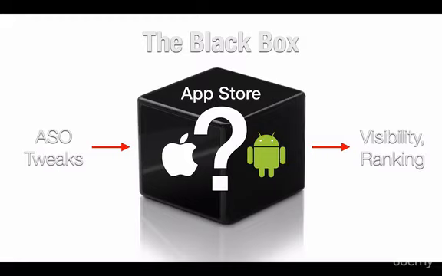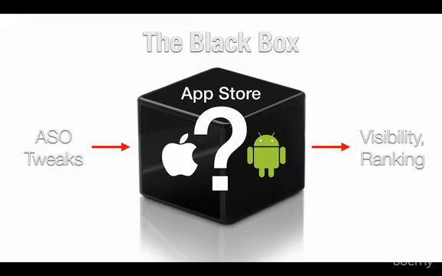So what ASO experts do is a lot of trial and error. They do a lot of testing. They're tweaking and testing all the time and seeing what the results are. In that way, it's almost like we're reverse engineering what the iOS App Store and Google Play Store are doing behind the scenes and trying to figure it out.